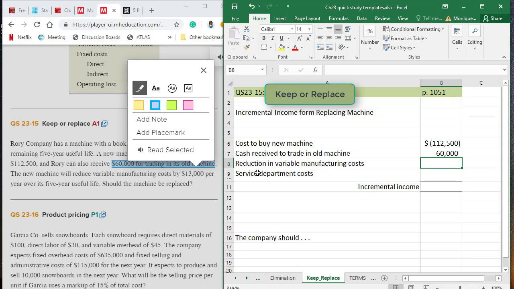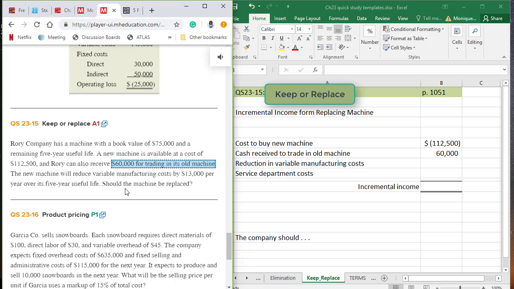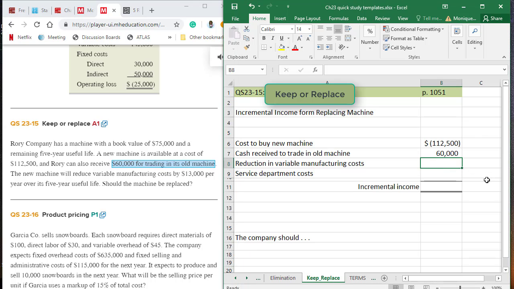And then when you look at the reduction in variable manufacturing costs, this is how much money we're saving. So when we look at what we're saving, it says $13,000 per year over 5 years. So if we are saving the money, this is a positive number to us. So we're going to take the 5 years times the $13,000.